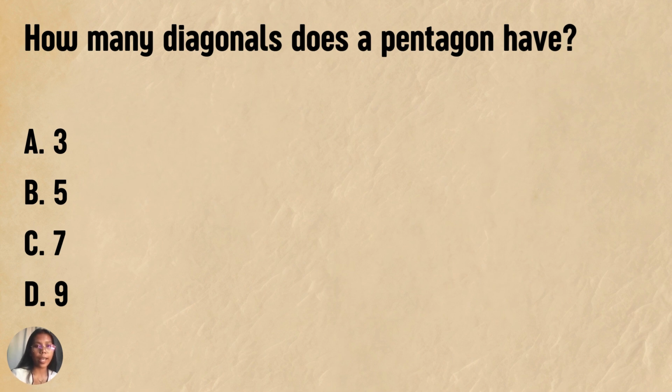Since a pentagon has 5 sides, we will solve it as 5 times 5 minus 3, over 2. 5 minus 3 is equal to 2. 5 times 2 is equal to 10.